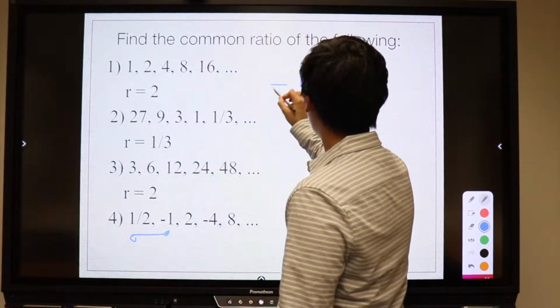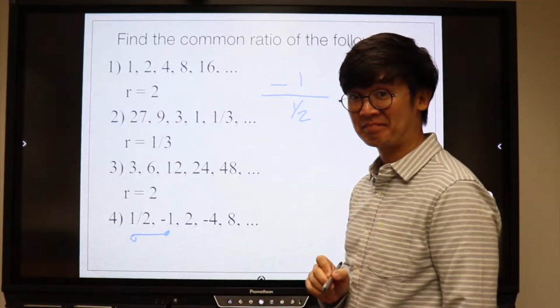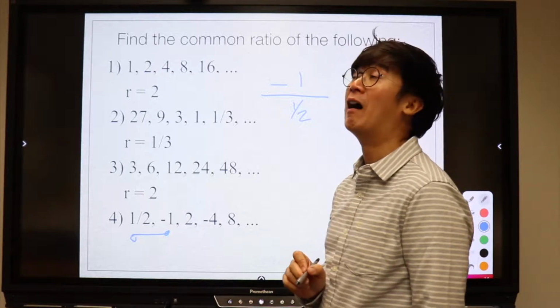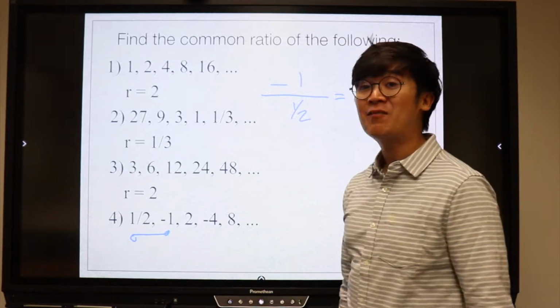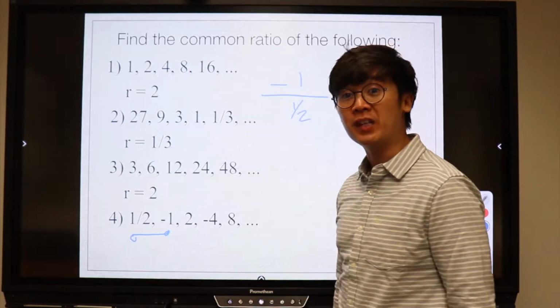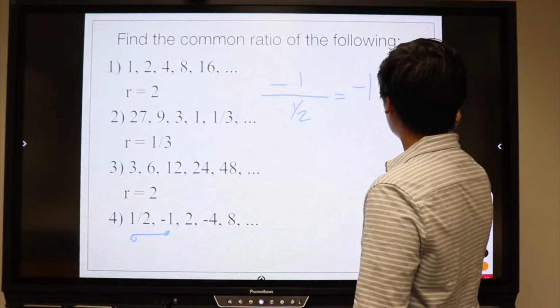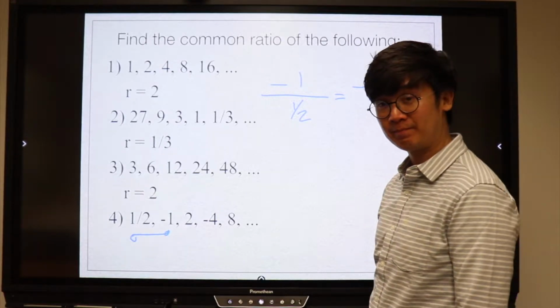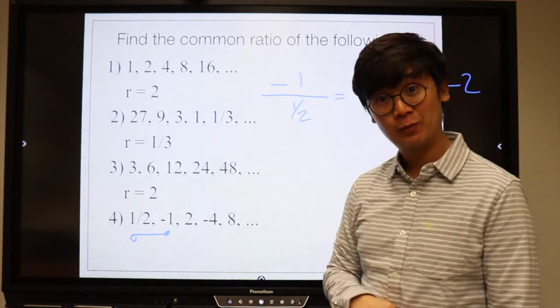What is -1 divided by 1/2? How do we do that? It's -1 times the reciprocal of the denominator. What's the reciprocal of the denominator? So what's 2 times -1? -2.